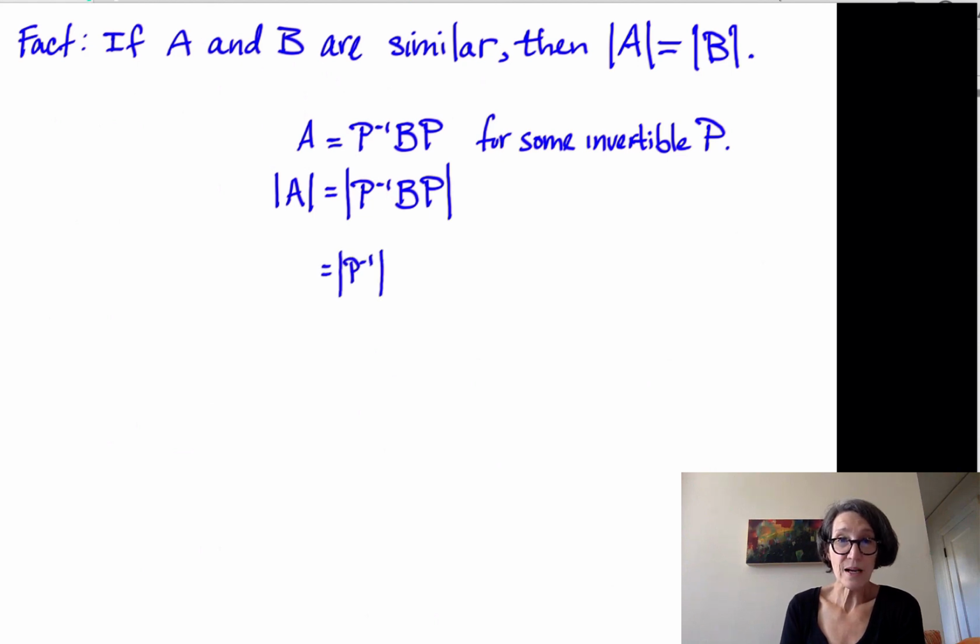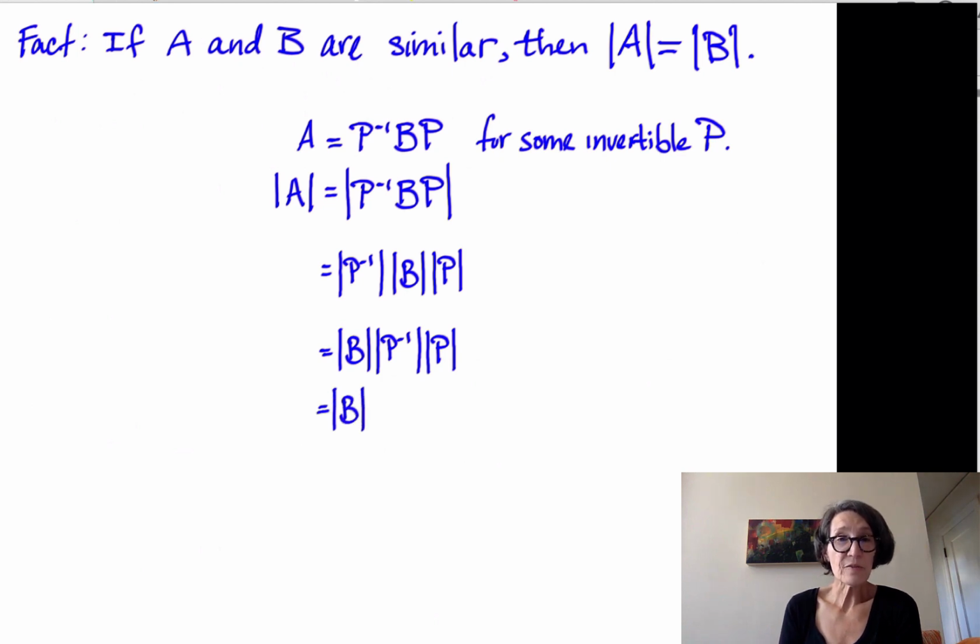And on the right side, I could write that as the determinant of P inverse times the determinant of B times the determinant of P. And since those are real numbers, that product is commutative. I could just reorder the numbers. And we know that the determinant of P inverse is the reciprocal of the determinant of P. So that product is just 1. So we have the determinant of A is just the same as the determinant of B.